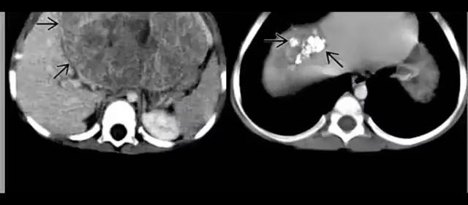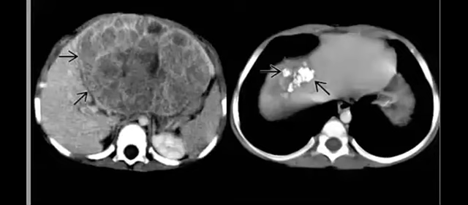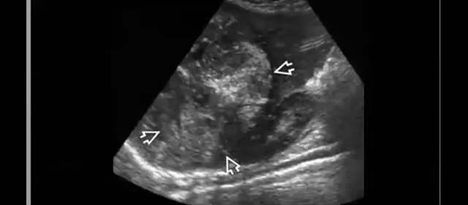So again, mass, well-defined border. So here, hepatoblastoma. Perfect, because of the calcification and solid mass.